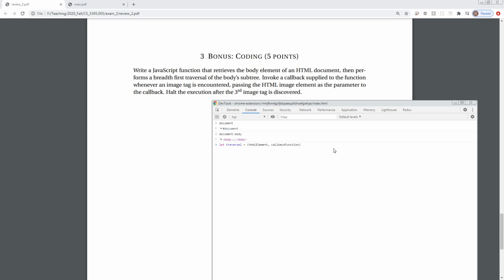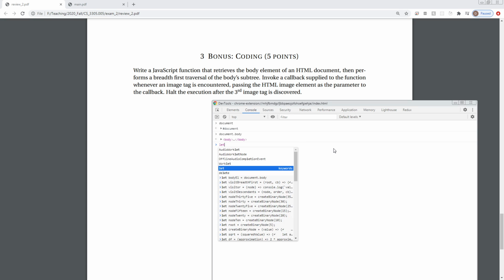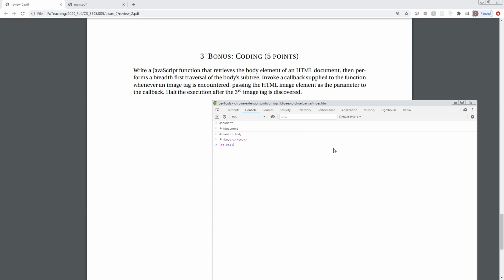So before we do this, let's just write some callback so we have some idea what it looks like. It'll accept an HTML image element, and then it'll just alert us that it found it. For now, it really doesn't matter.